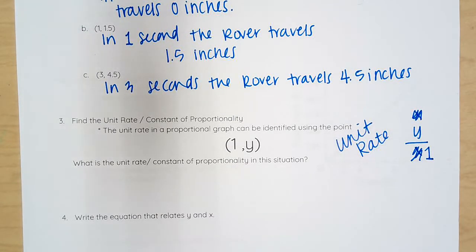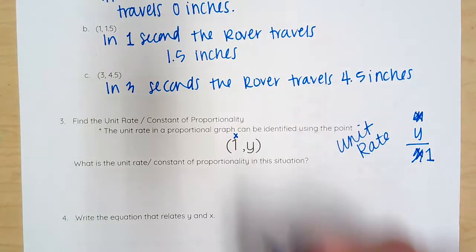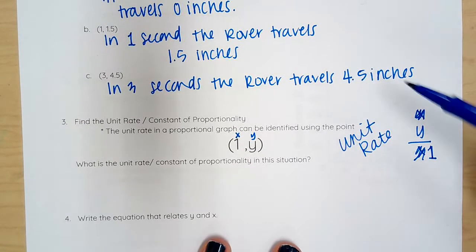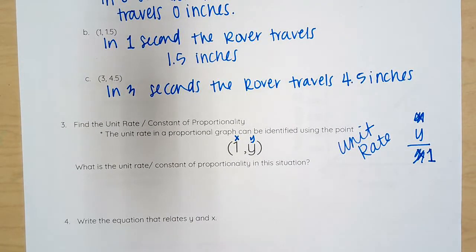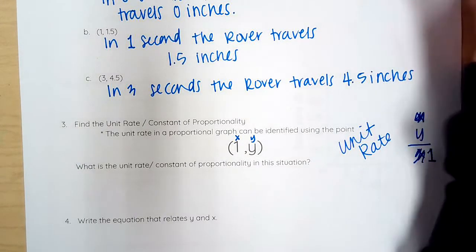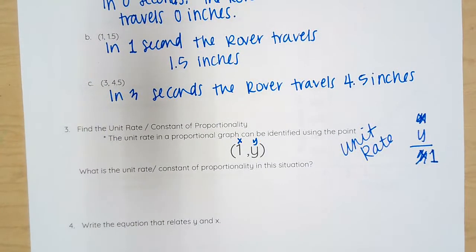Here we know that our X is our first one and our Y is our second one in our ordered pair. We also know that we have Y over X. So our X will not be X, it'll be 1. If we look up here, at X equals 1, our Y is 1.5.